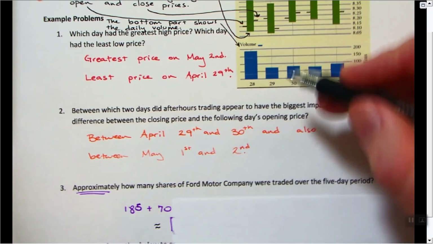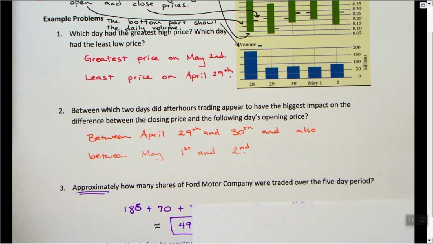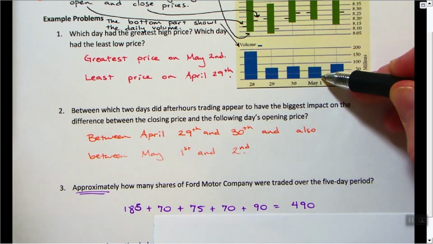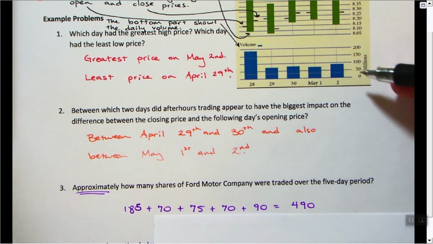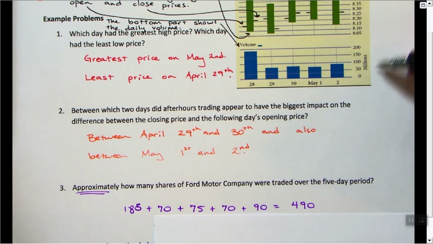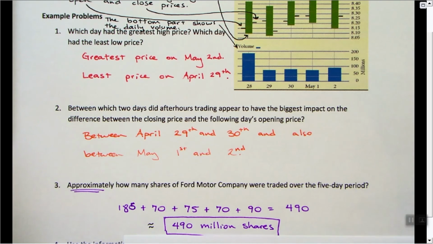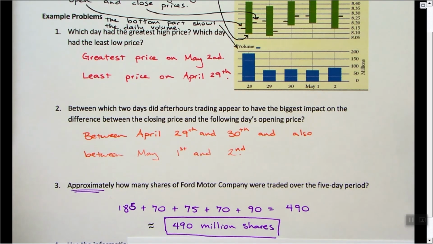Then it's about 70, and then about 75, and then about 70, and then about 90. I'm just estimating here. You add those all up, you get 490. But this is in millions. Don't miss the fact that it's in millions. And so you add those up, you get approximately 490 million shares were traded over this 5-day period.